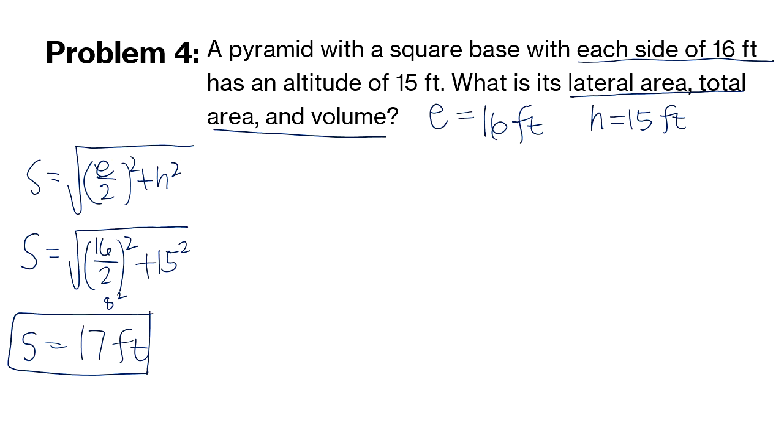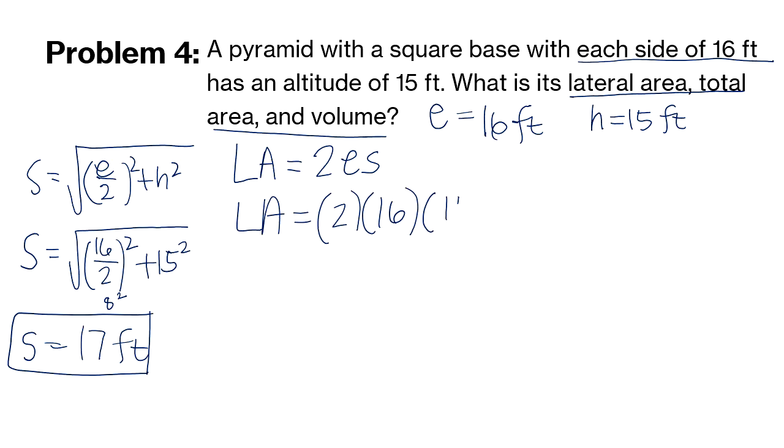Now, let us solve for lateral area, total area, and volume. Again, lateral area of a square pyramid is 2 times edge times slant height. That is 2 times 16 times 17 feet. We get 544 feet squared.